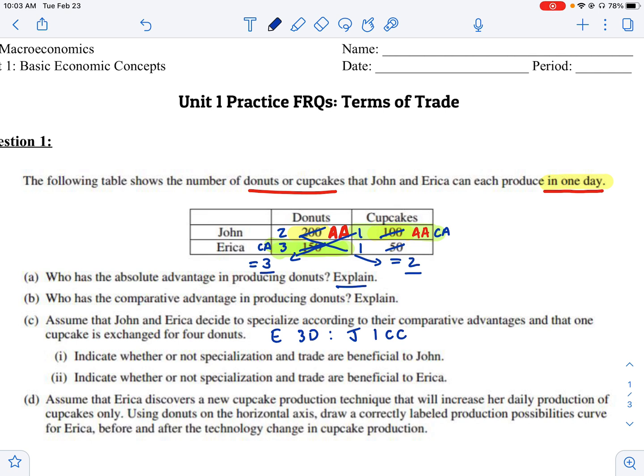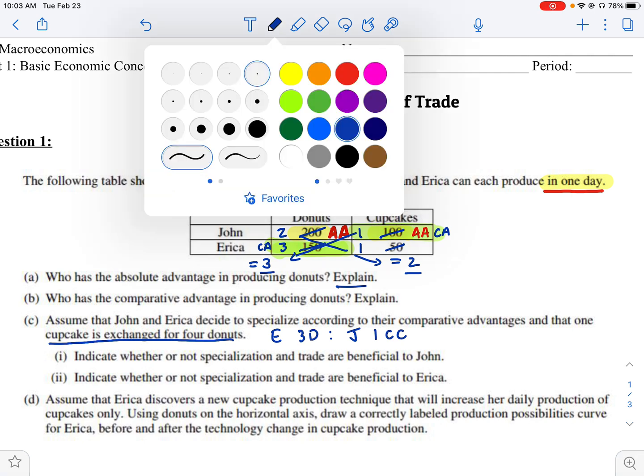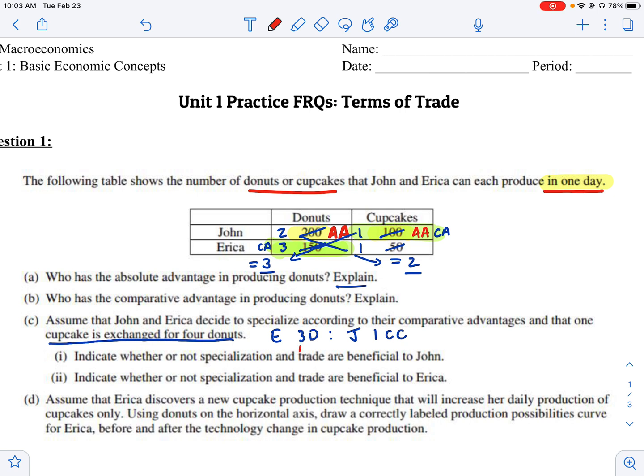What if a fairy godmother came down and said, what if you did 1 cupcake to 4 donuts? I'm going to change my color back to red. They worded this in a funny way because in the table, we're looking at donuts to cupcakes, and now in this question, they're doing cupcakes to donuts. So just make sure you put the ratios in the correct order.